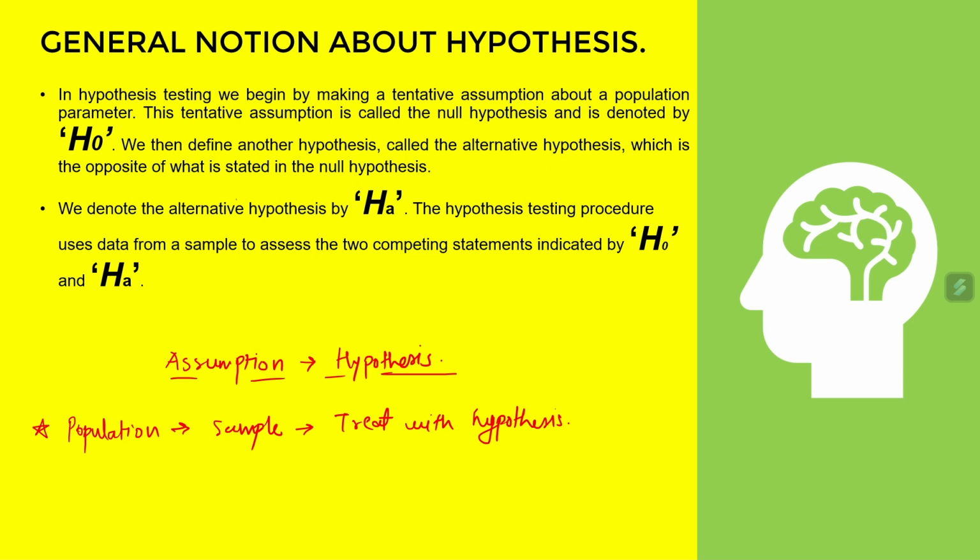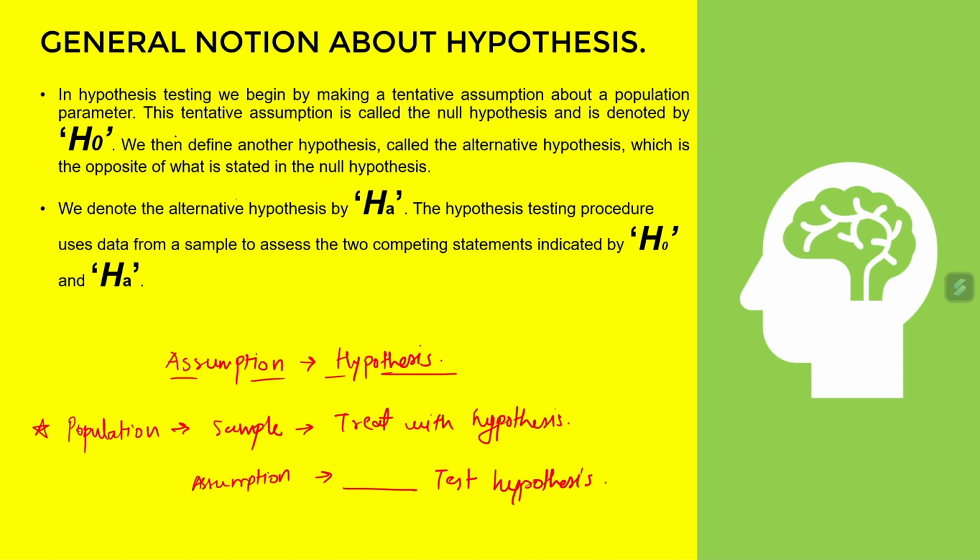But now the other guy is claiming that no, it cannot go up to 40,000 kilometers, it will tear off below 40,000 kilometers. So this is the assumption which the other guy is making. That assumption is what we test with the help of hypothesis. I'll give you many examples in the coming slides.